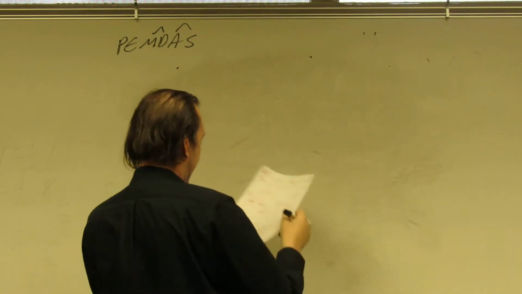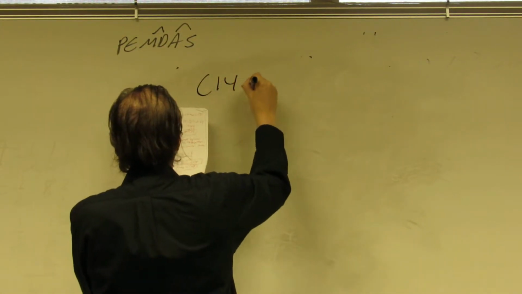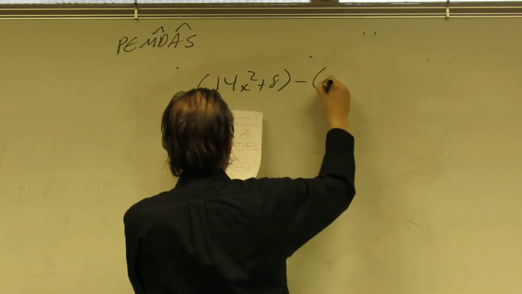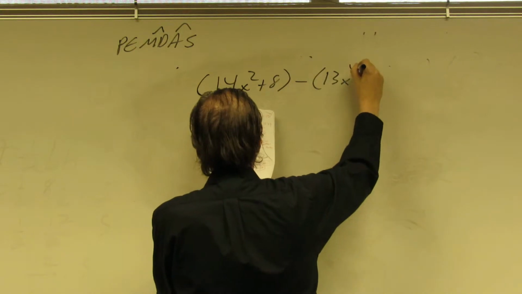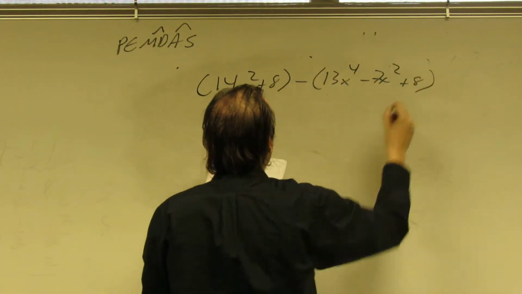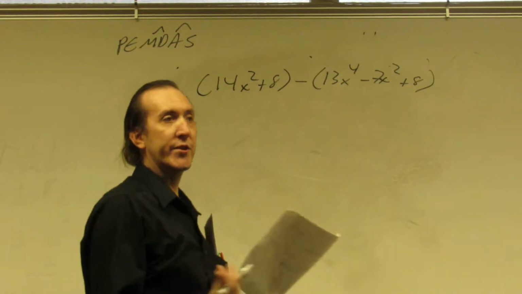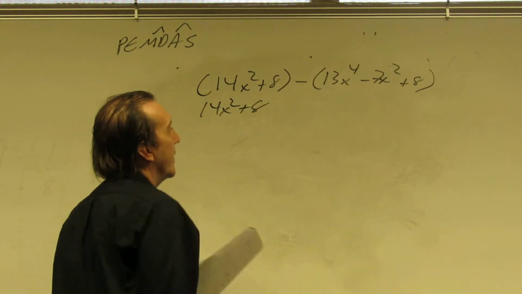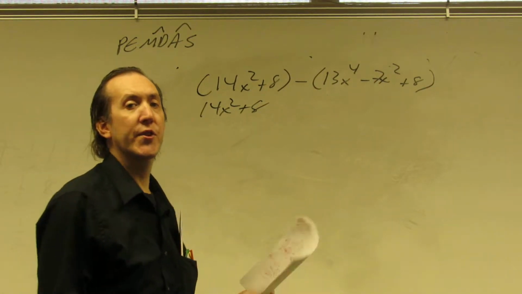Next, we're going to have 14x squared plus 8 in parentheses minus, in parentheses, 13x to the 4 minus 7x squared plus 8. So for the first one, we just get rid of parentheses. 14x squared plus 8. In the second one, we're going to have to change the sign of everything.